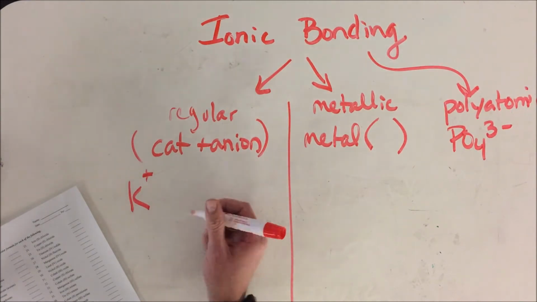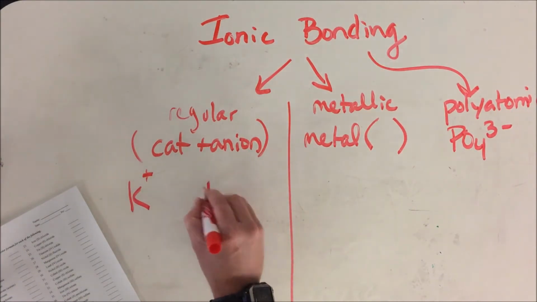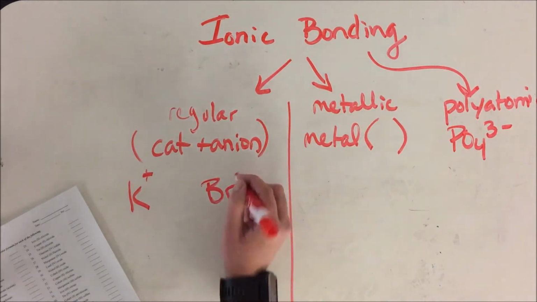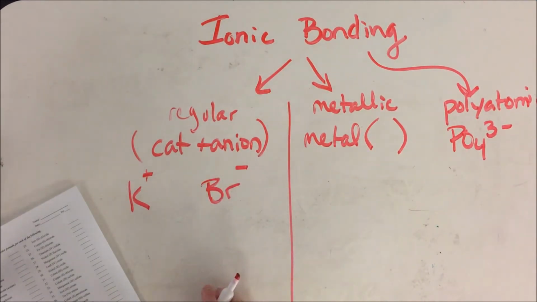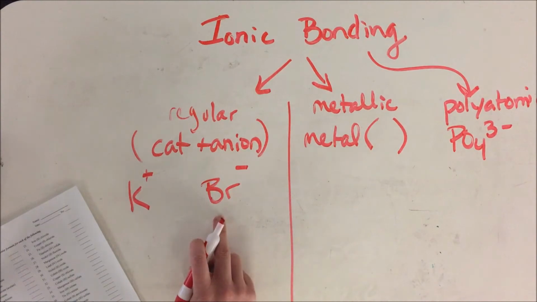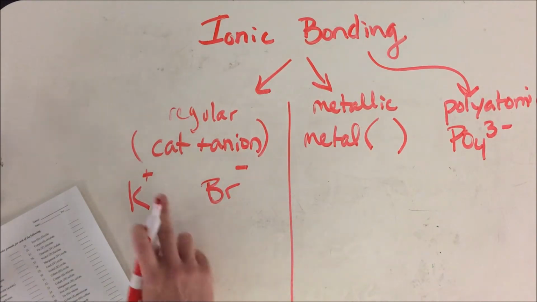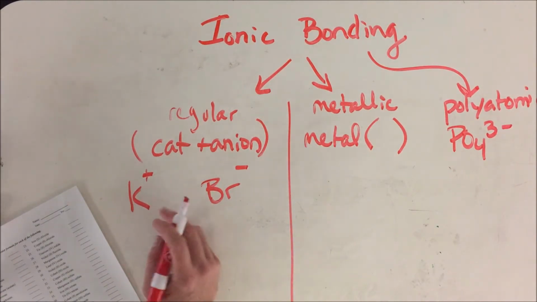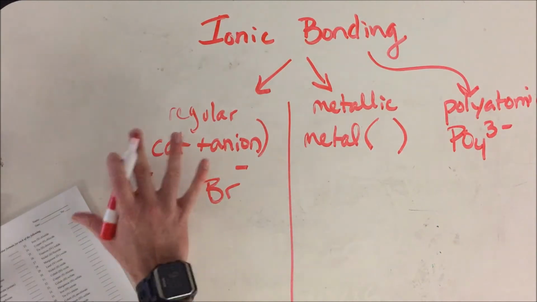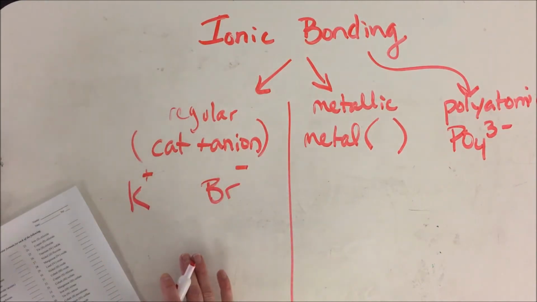And then we bond that with something like bromine, or bromide since it's an ion. Since bromide has a negative charge and potassium has a positive charge, we're looking for our overall or net charge to be 0. So in this case, I can put potassium bromide together just like this.